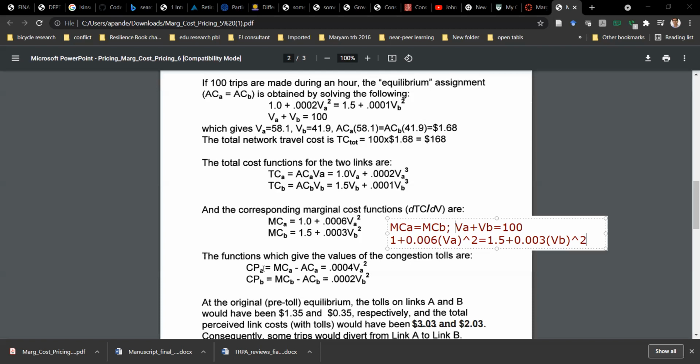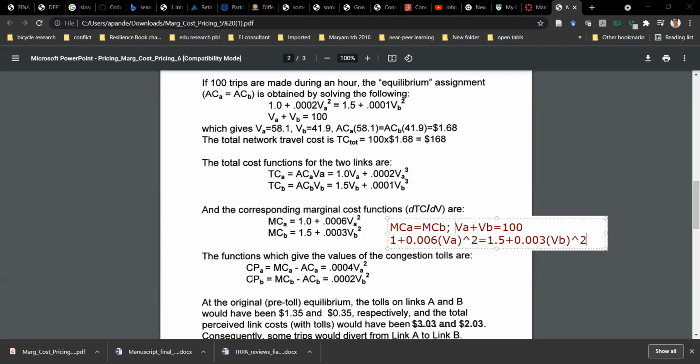So basically, by congestion pricing, you're raising the perceived cost such that it becomes equal to the marginal cost. That's why the congestion price that you want to charge on route A will be equal to MCA minus ACA, and the congestion price on route B would be MCB minus ACB.